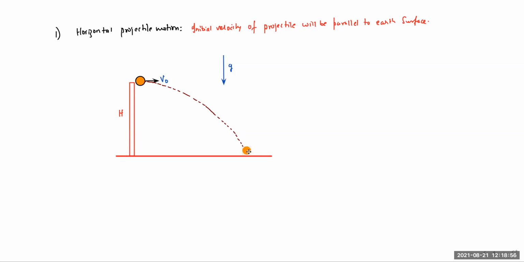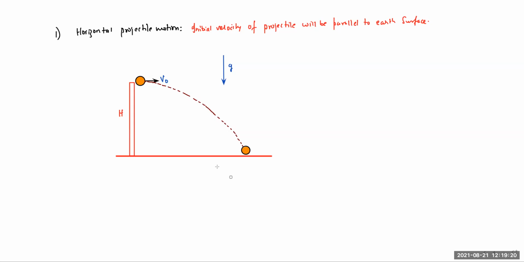Now, what is difficult is to realize that the forward journey is an independent event. Why? Because gravity cannot affect the horizontal motion. Gravity can only affect the vertical motion.